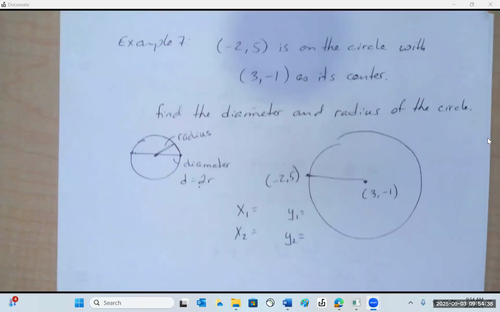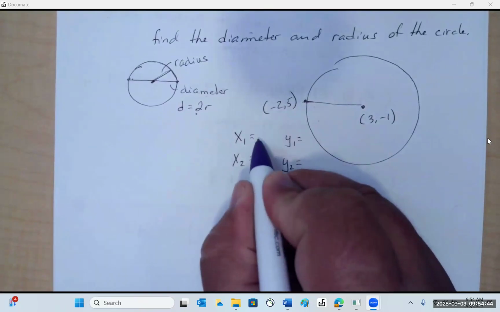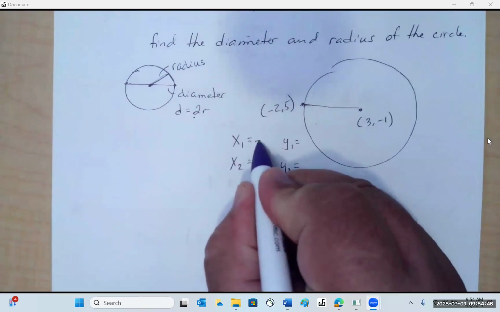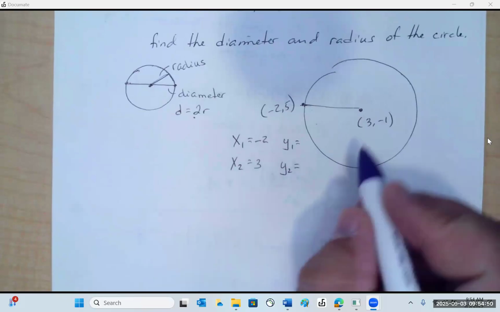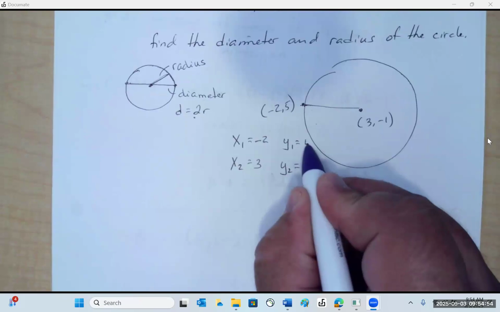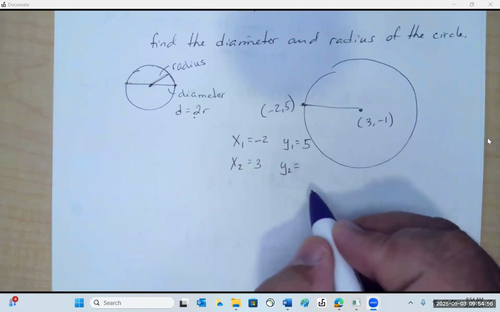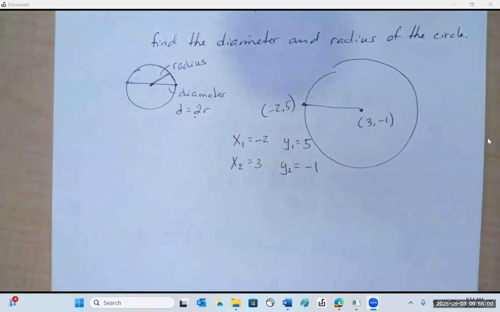Of course, first thing you have to do is label your points. So what's x1? -2. What's x2? 3. What's y1? 5. Y2 is -1. Because if you get those wrong, there's no way you can get the answer correct.